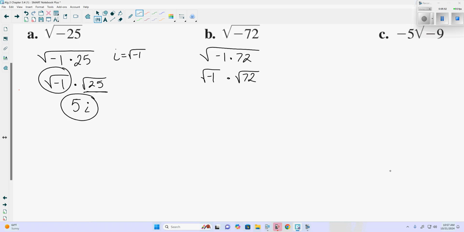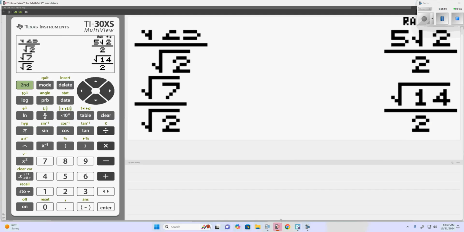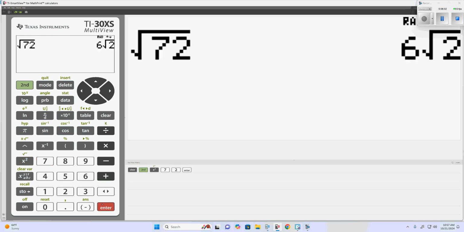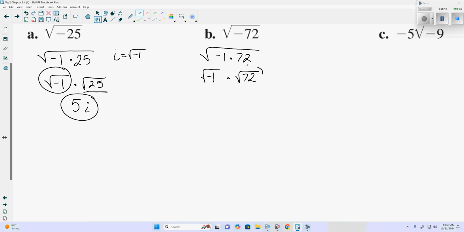Or the other way we can do this is use the calculator, because it will leave it in simplest radical form. Because we can say second square root 72, and the square root of 72 does simplify to 6 square roots of 2. So the square root of 72 is 6 square root of 2. Questions on how we simplified that?